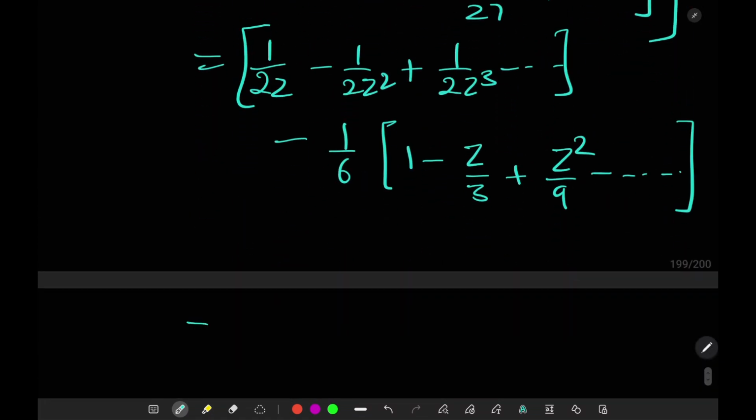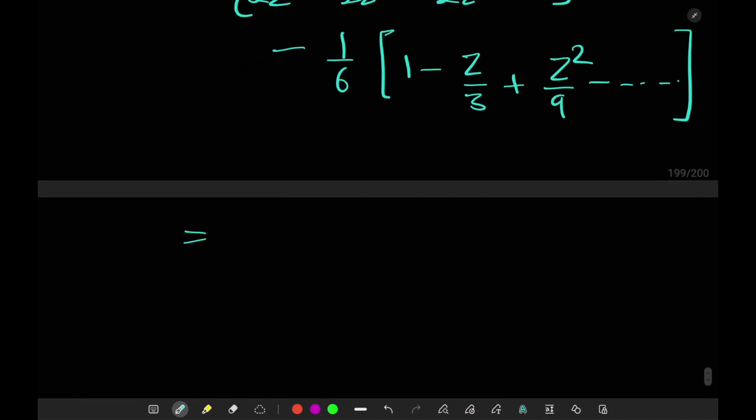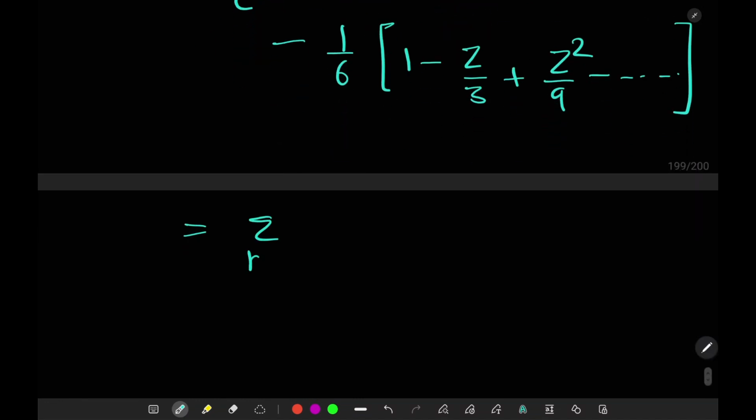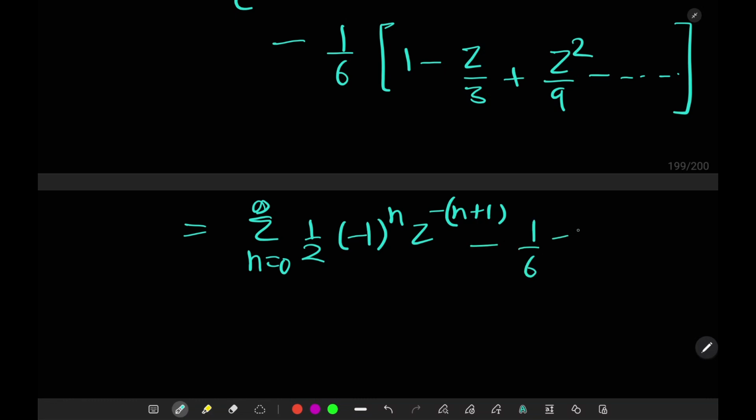Here we can write this in general form: summation n equals 0 to infinity of 1 by 2 into (minus 1) raised to power n z raised to power minus n plus 1, minus 1 by 6 (minus 1) raised to power n (z by 3) whole raised to power n.